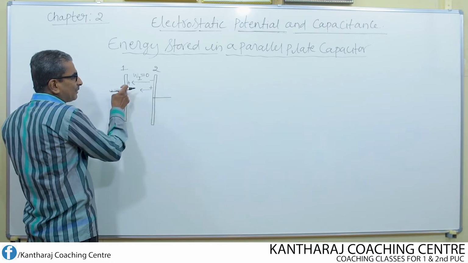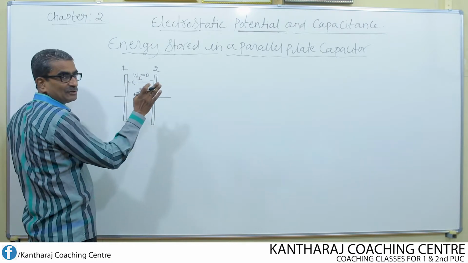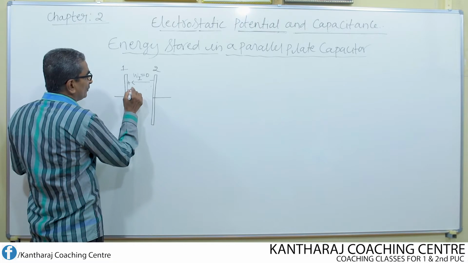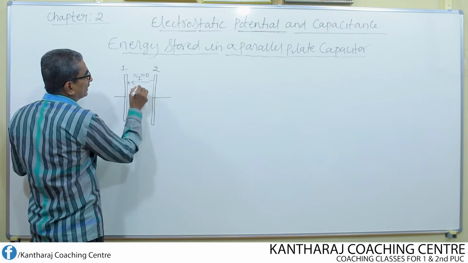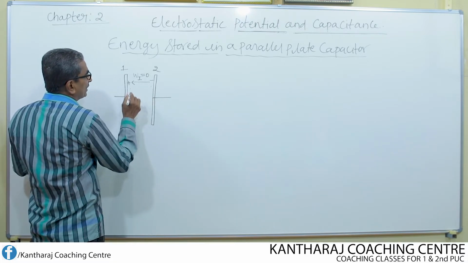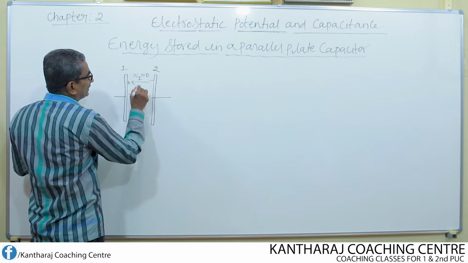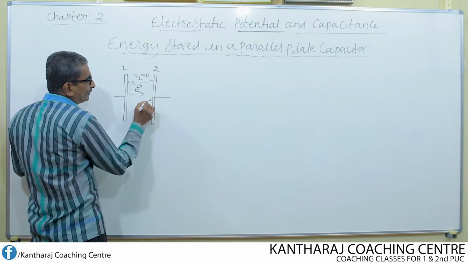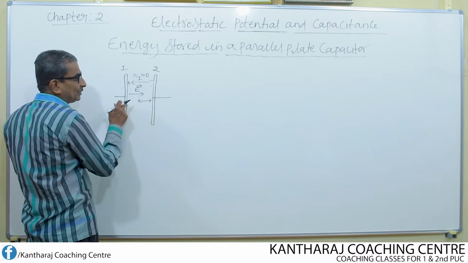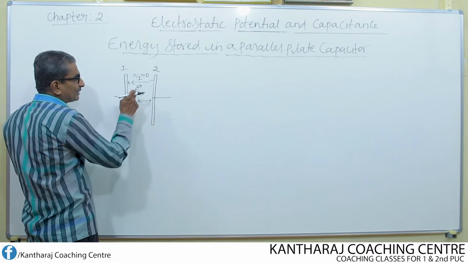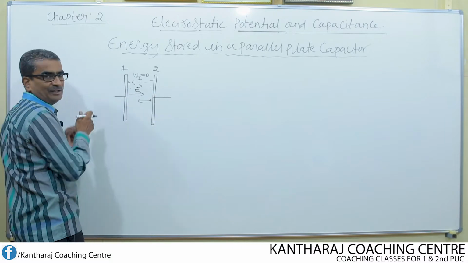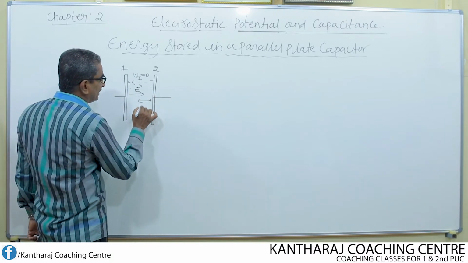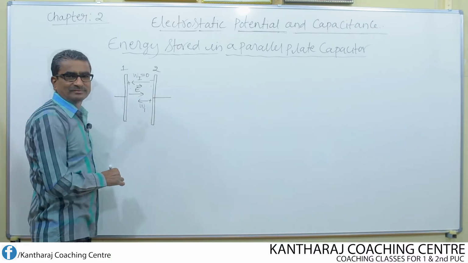While moving this positive charge, work should be done against the electric field, because this is the direction of the electric field, from plate 1 to plate 2. While moving this charge, work should be done against the field. I call that work done W1.